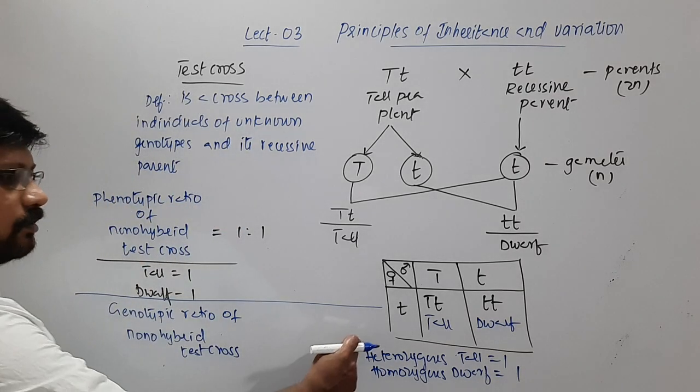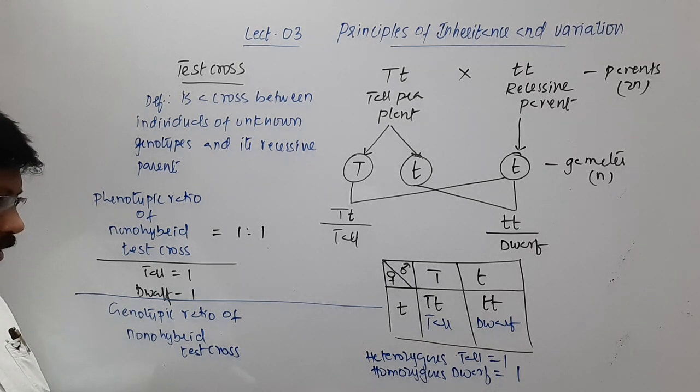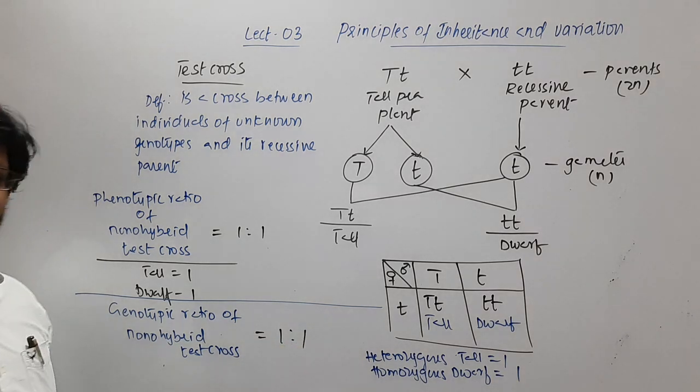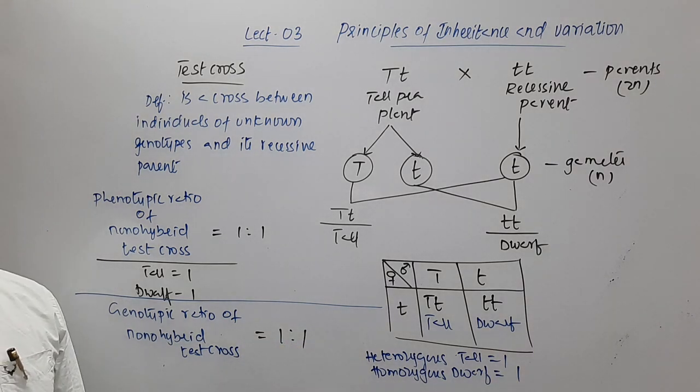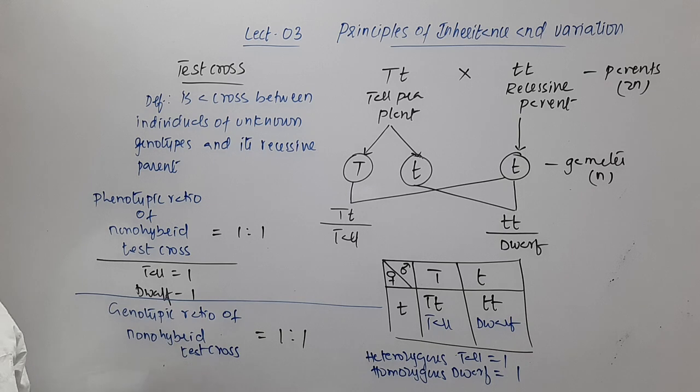So heterozygous tall 1 and homozygous dwarf 1, hence the ratio again becomes 1:1. So for the test cross of a monohybrid, both genotypic and phenotypic ratios will be 1:1. This is how we can find out the genotype of an unknown individual. This is what we call a test cross.